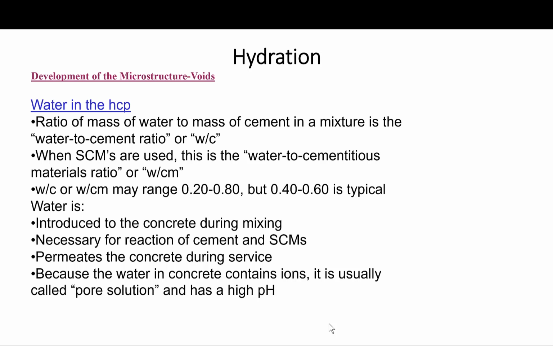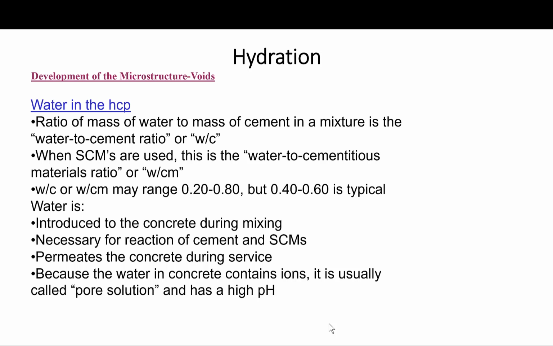So, as we said, we have the voids and we have the water inside the voids. Let's look at water in the hydrated cement paste, and let's look at a background. The ratio of the mass of water to the mass of the cement in a mixture is the water cement ratio.